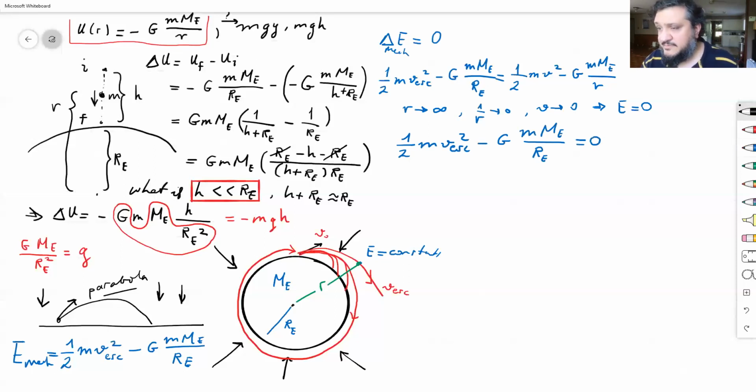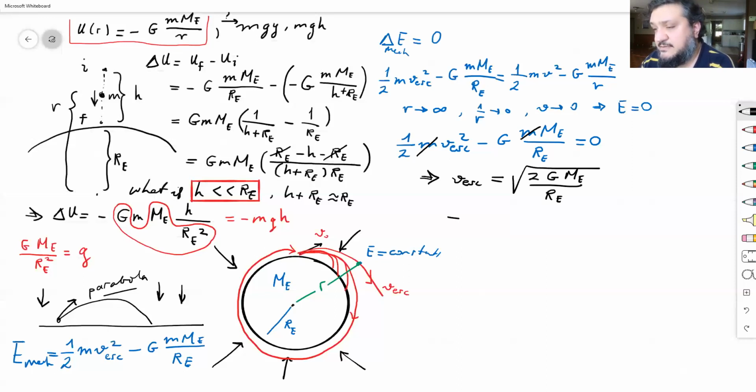So solve this for v escape, the m's go away, and if you solve it for the escape velocity, that's the square root of 2 times G times the mass of the Earth divided by the radius of the Earth.